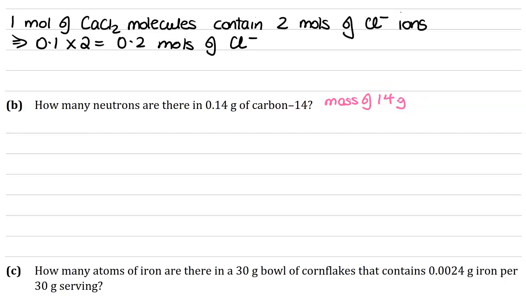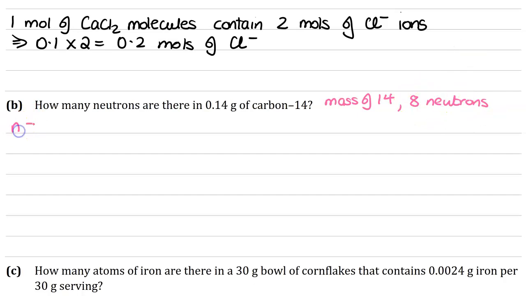And the other thing we know here is that it has 8 neutrons, because if you subtract 6 from 14, you'll get 8. So first we have to figure out how many actual atoms we have, and then each one of those atoms contains 8 neutrons.